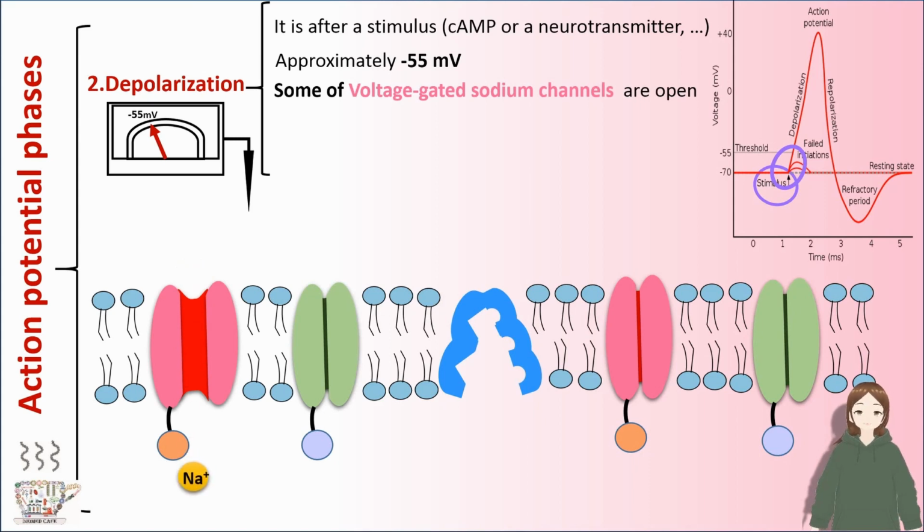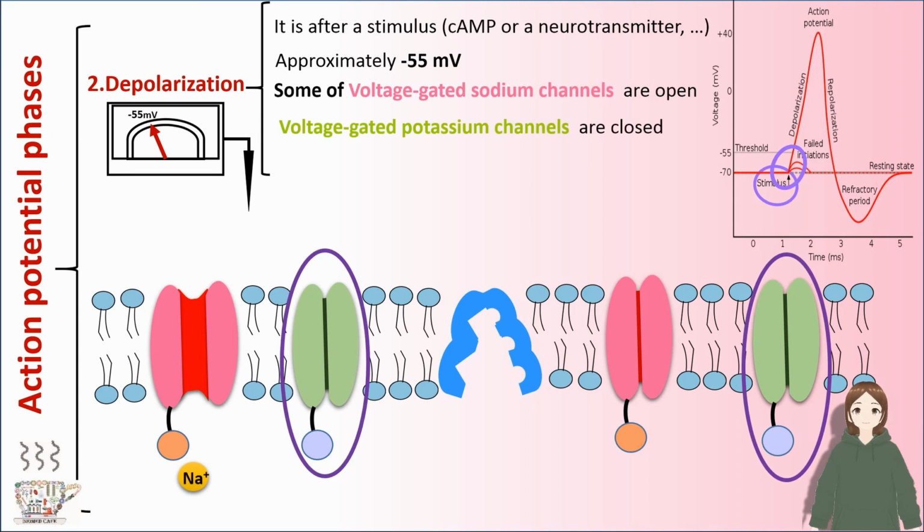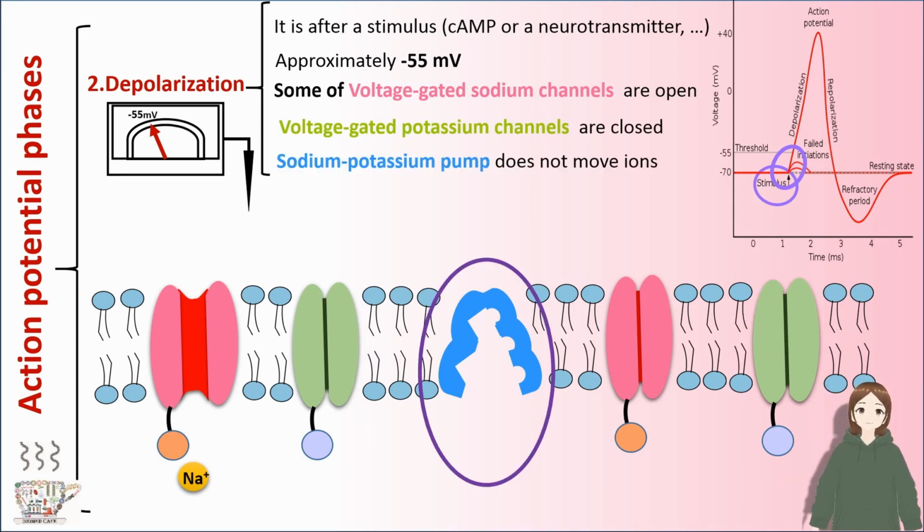Some of voltage-gated sodium channels are open. Voltage-gated potassium channels are closed. And sodium-potassium pump does not move ions. The outside of the cell is positive, and the inside of the cell is negative.